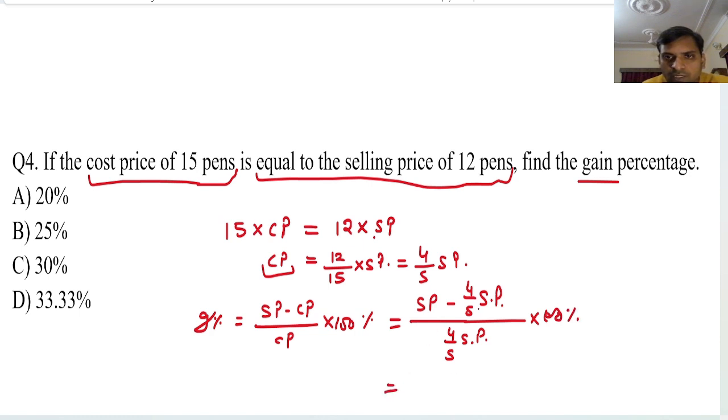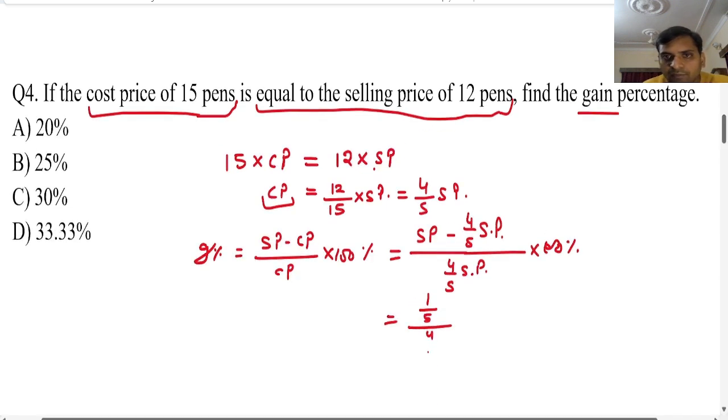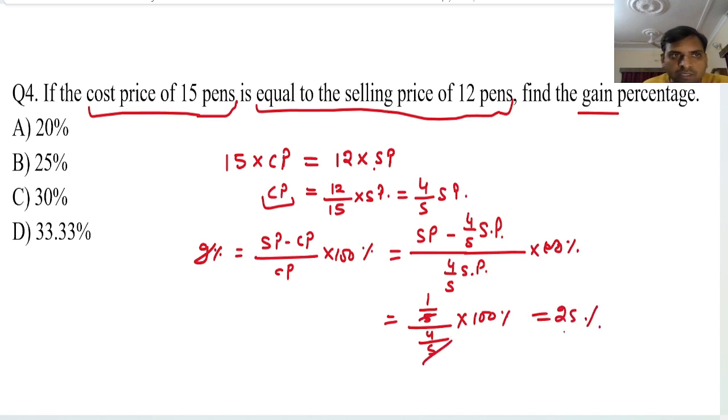On solving this, you can cancel out SP after taking it common, and on taking the LCM in the numerator you will get 1 upon 5, and in the denominator 4 upon 5. Now this multiplied by 100% equals 25%. So the correct option is B.